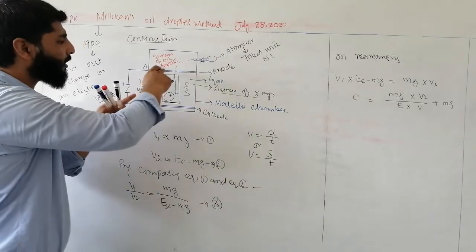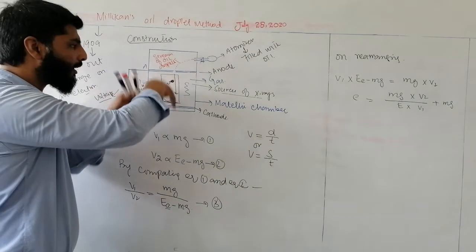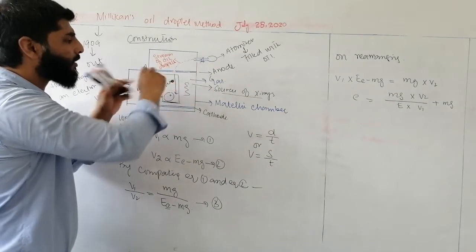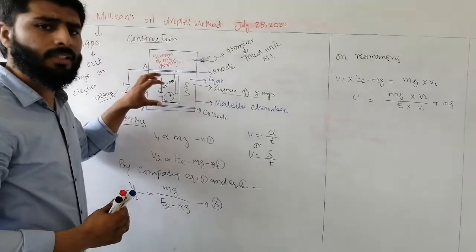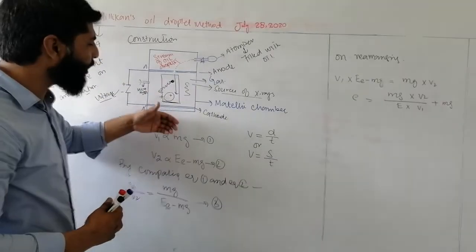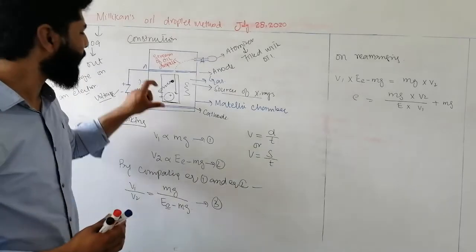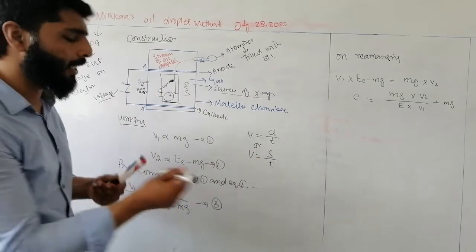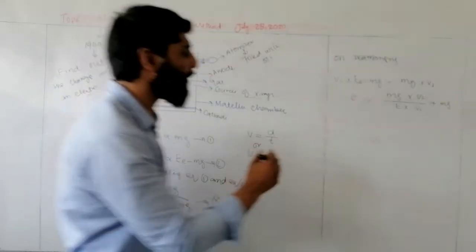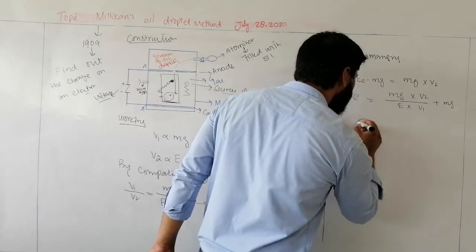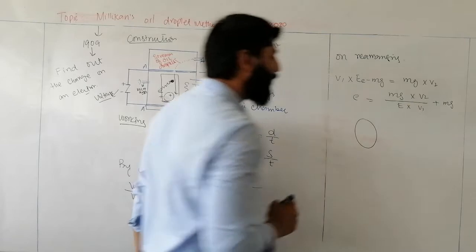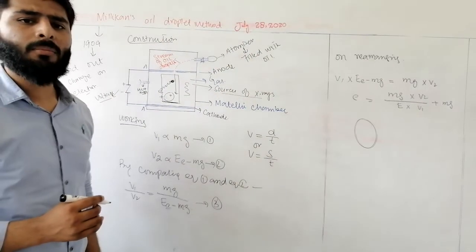When the droplet is moving or falling under these external forces like gravity or the electric field, we observe that the droplet has a spherical shape. The droplet moves as a spherical ball.